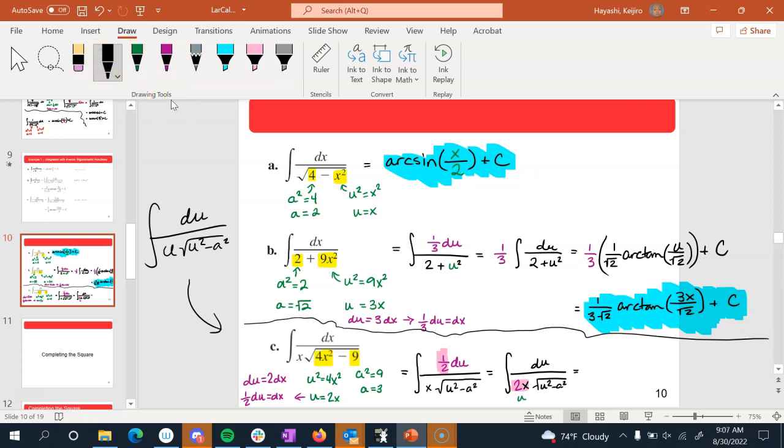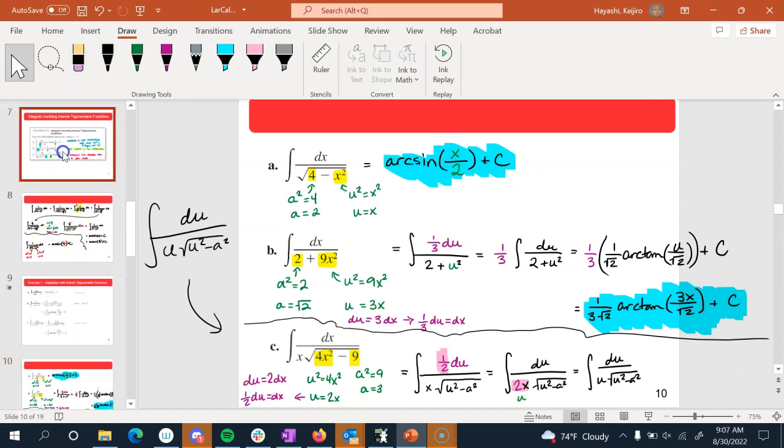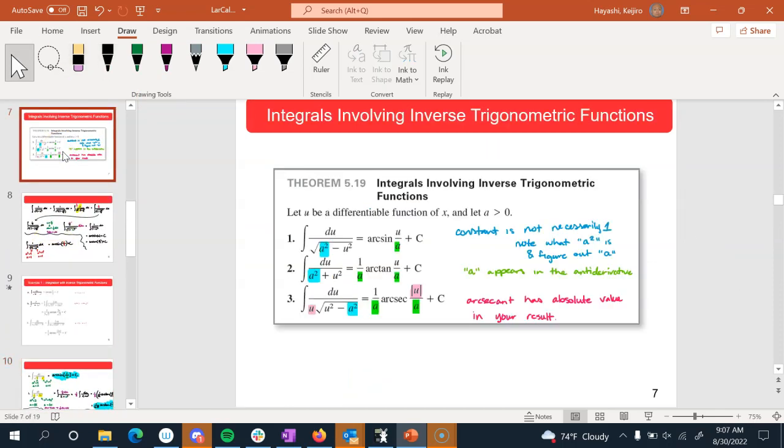So just by taking that 1/2 and moving it to the bottom, we've created du over u times the square root of u squared minus a squared, which is perfectly that sort of integral over here, right? The third one for arcsecant.